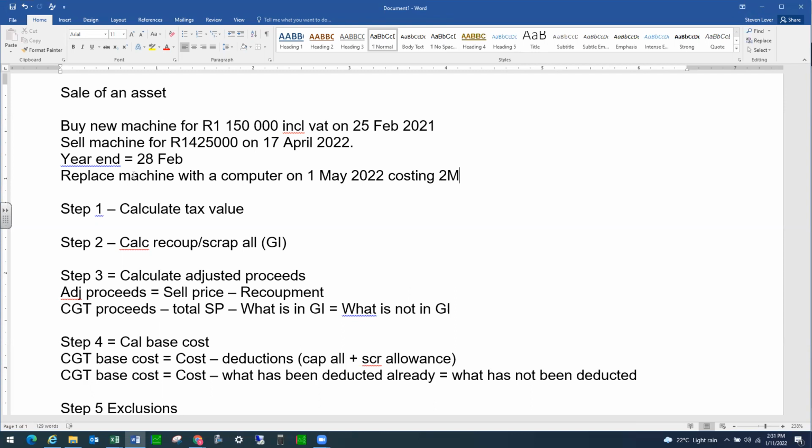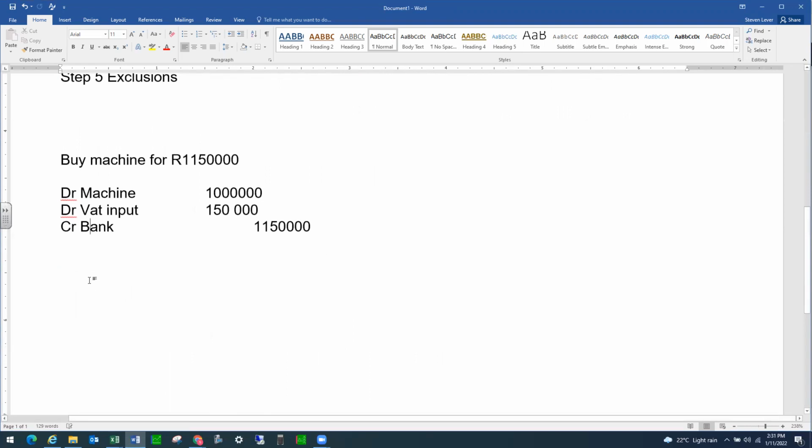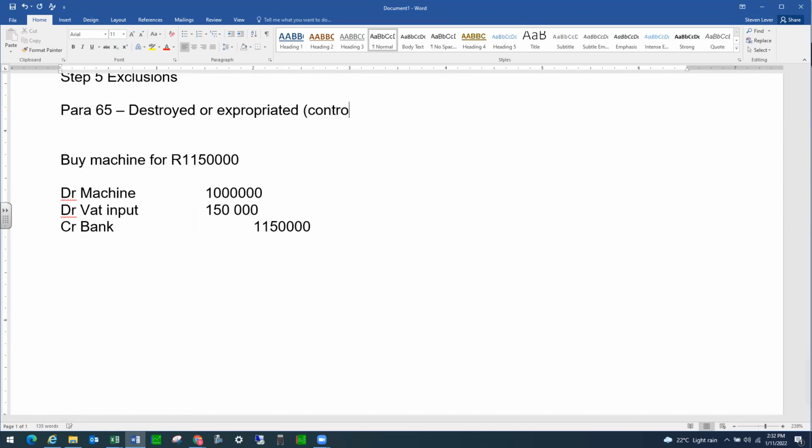So there are rules, essentially two rules. The first rule is paragraph 65, which says that when an asset is destroyed or expropriated, the idea here is a control thing.